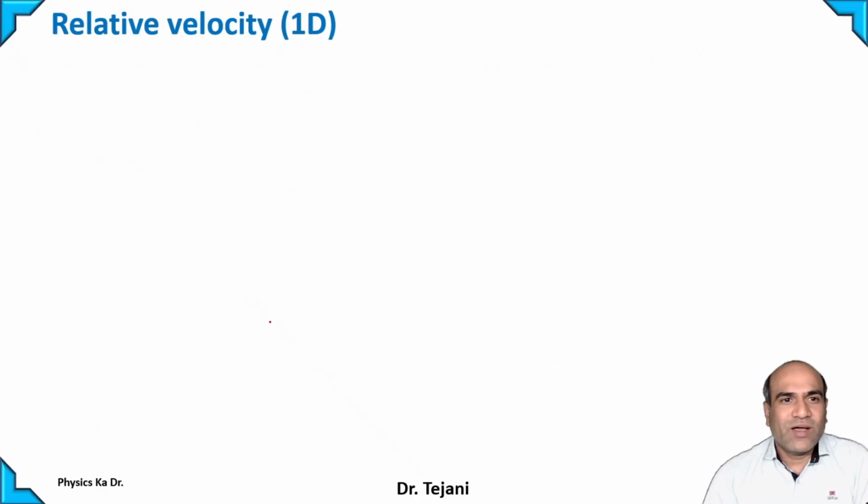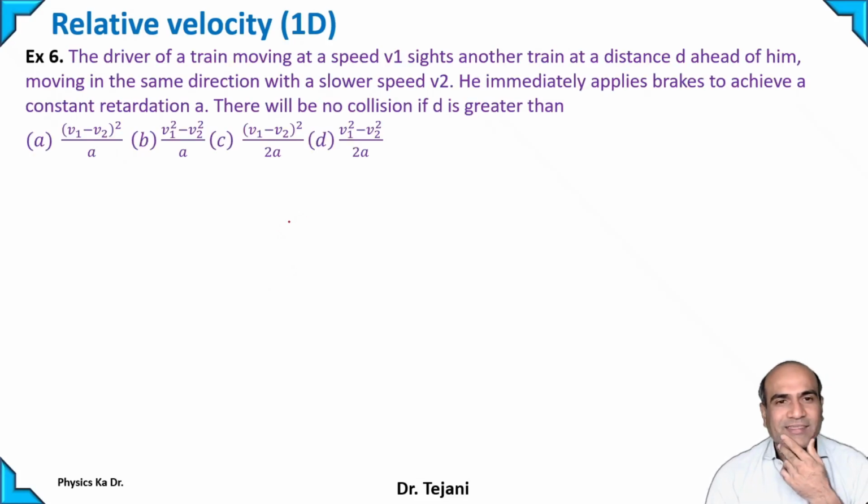Let's have another question. Example number 6. The driver of a train moving at a speed v1 sights another train at a distance d ahead of him.